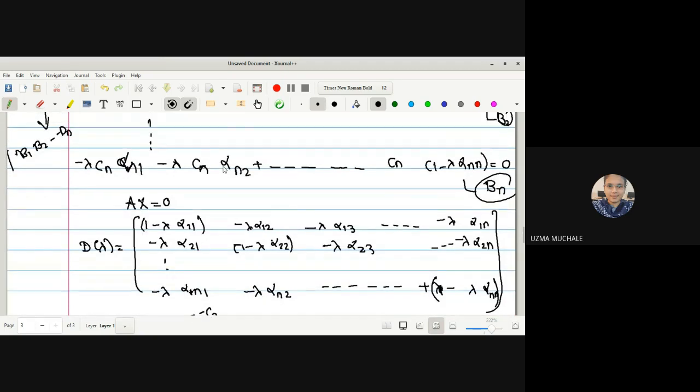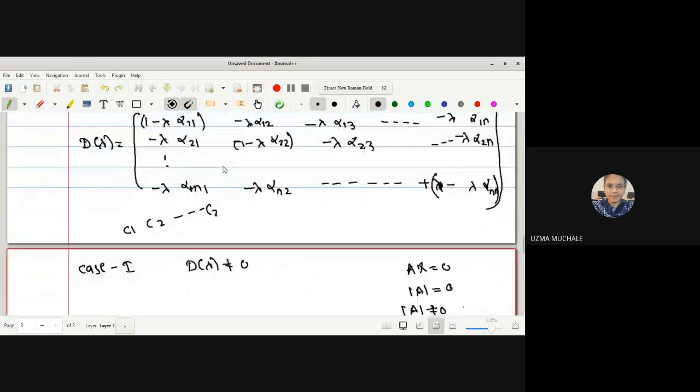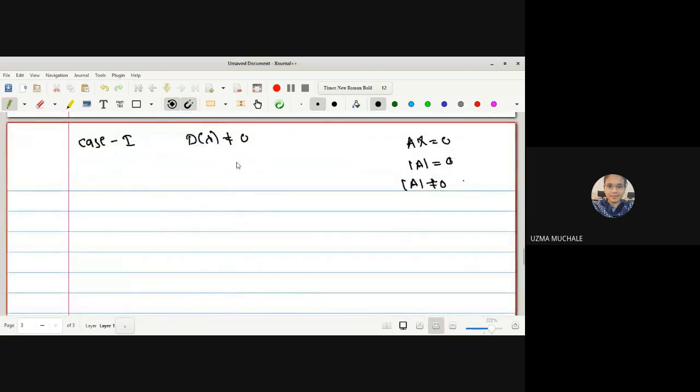So what will be the case? The values of those constants Ci should be 0. So hence, in the case of D lambda not equal to 0, or the coefficient matrix not equal to 0, what will be the direct case? We can say C1, C2 up to Cn is equal to 0.